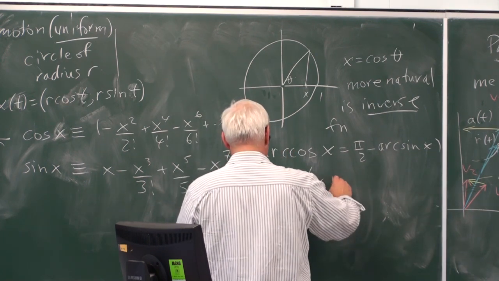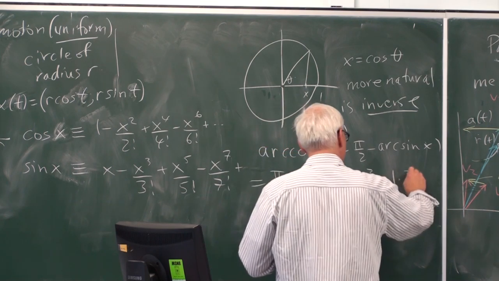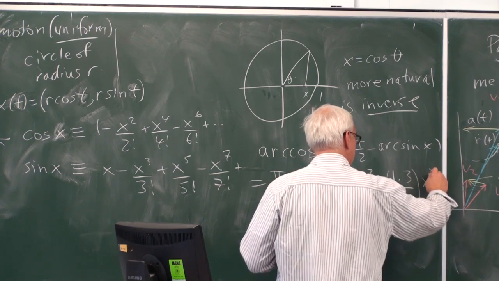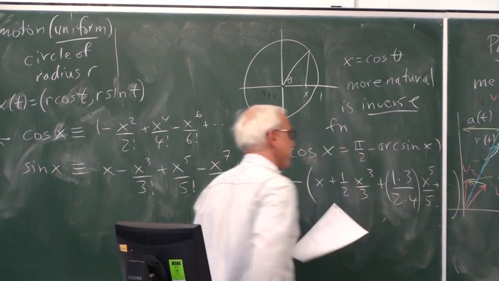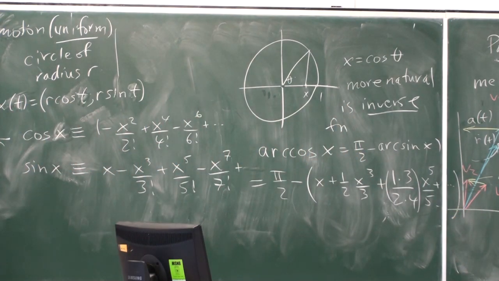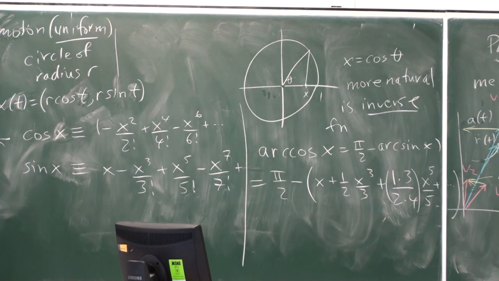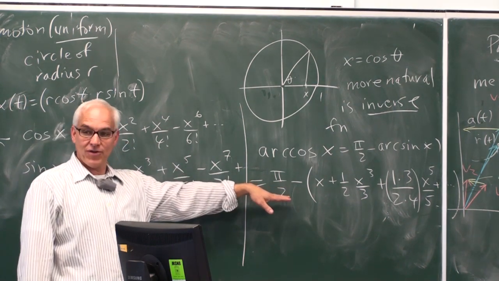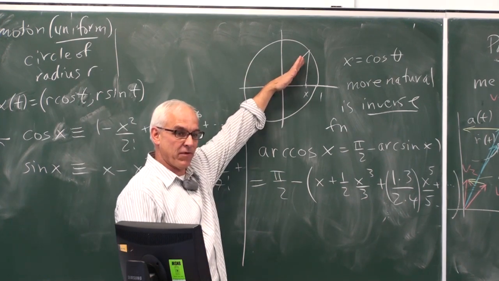That's x plus 1/2 x cubed over 3 plus 1 times 3 over 2 times 4 times x to the 5 over 5, and so on. And Newton discovered this formula first, because the natural question is, given x, how do you find a formula for theta?